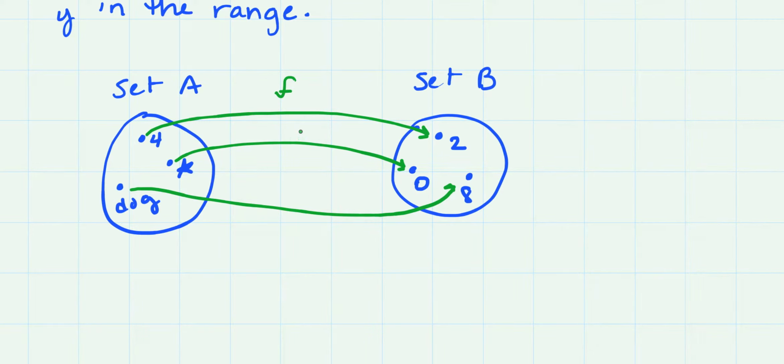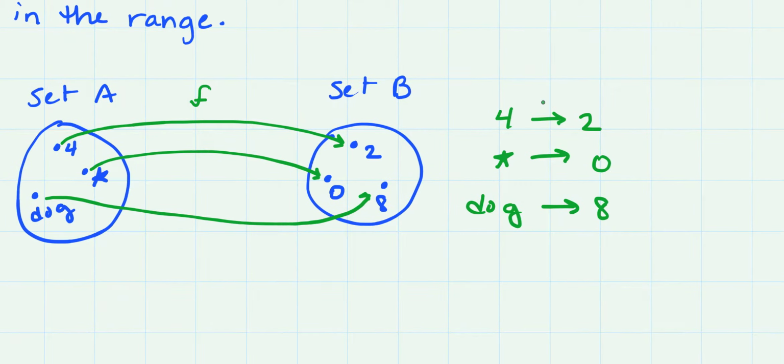Another way we write this is we say 4 maps to 2, star maps to 0, and the word dog maps to 8. Sometimes we'll put the letter f above it to say this corresponds to this function.